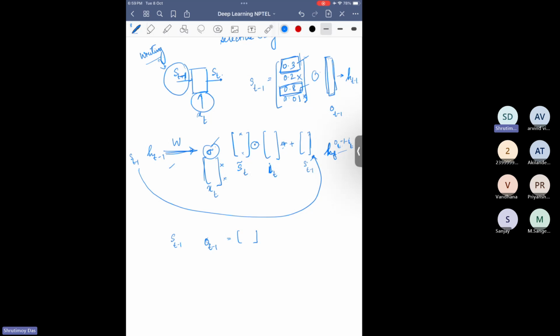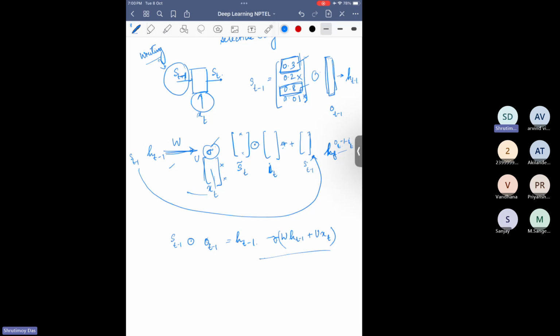You get some ht minus 1 by a pointwise operation, and once you get ht minus 1, you apply weight W on the ht minus 1. And then you sum it up with xt minus 1, which has some weight U. And you take a sigmoid of this. So we just note how to do this by looking at this diagram.